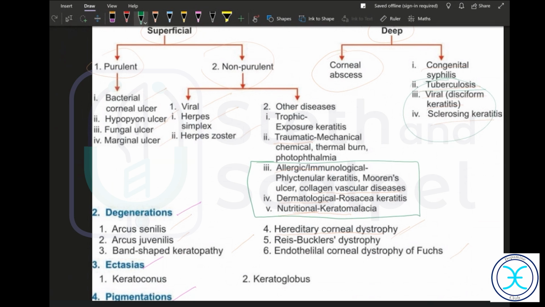Degenerations and dystrophies usually won't be touched upon, but if anyone knows anything about that, please do tell us.